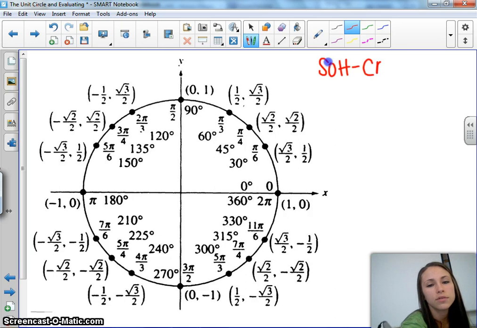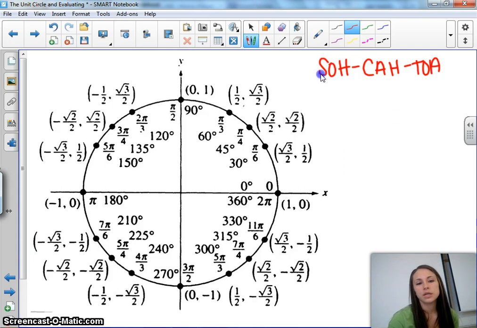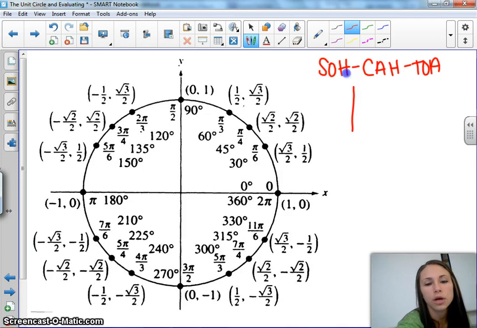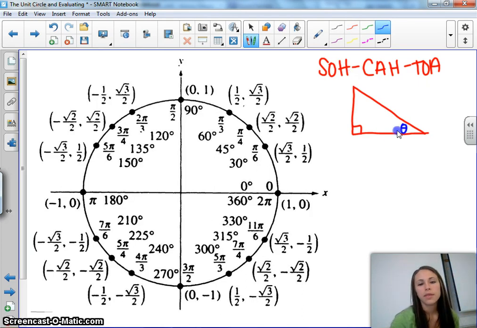if you have ever seen this little acronym, SOHCAHTOA, this just means that the sine of an angle is the opposite over the hypotenuse in a right triangle. So if we have a right triangle, here's our right triangle. If this bottom angle right here is my angle, then these legs are called certain things.